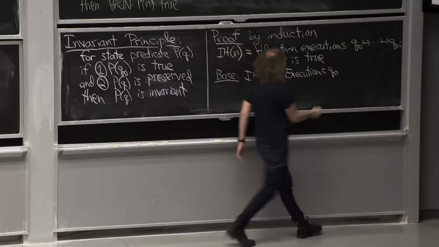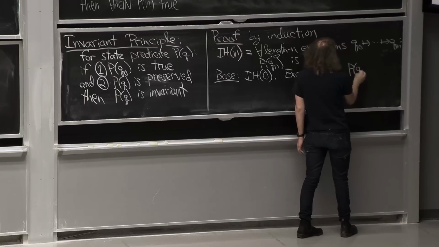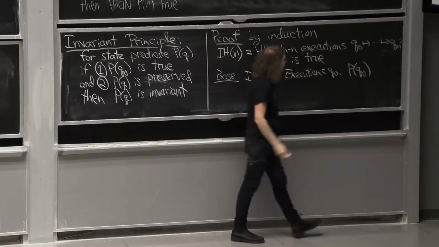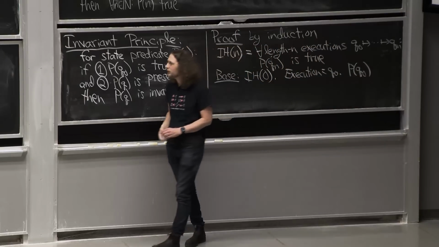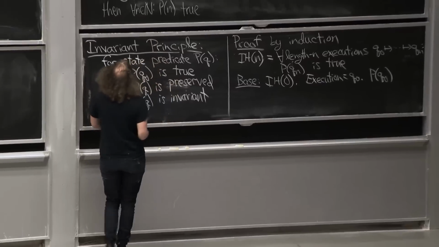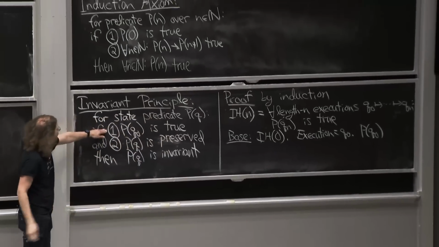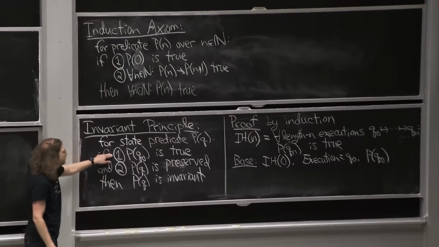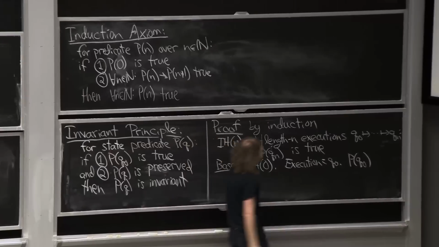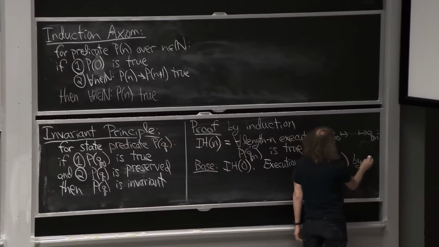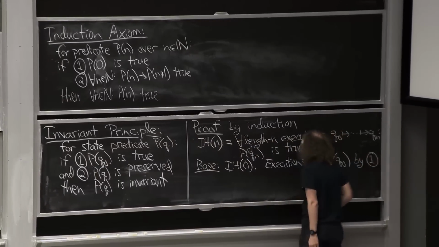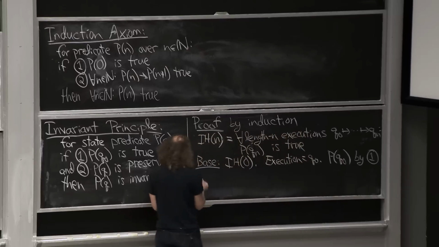And we claim that P of Q0 is true, since Q0 is clearly a reachable state. You get there via a length 0 execution. Why is it true? It's what we assumed, by 1. So that's the base case.